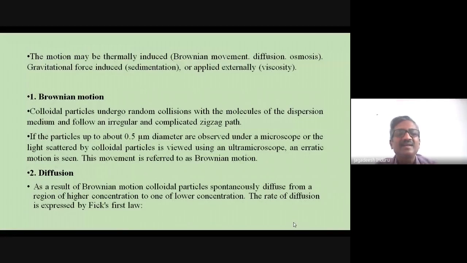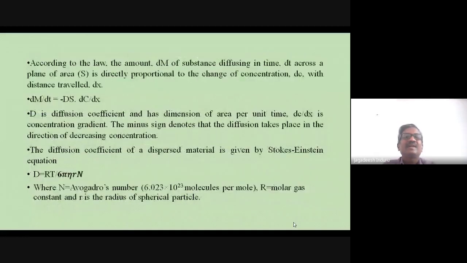The second phenomenon is diffusion. The diffusion phenomenon is very important for our drug delivery system functioning, because it takes a drug and diffuses it through the biological membrane and reaches the target. Because of that reason, we apply different laws. Fick's first law is applicable here, and there are different parameters we have seen.